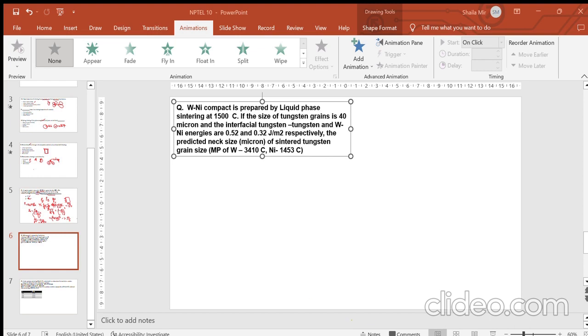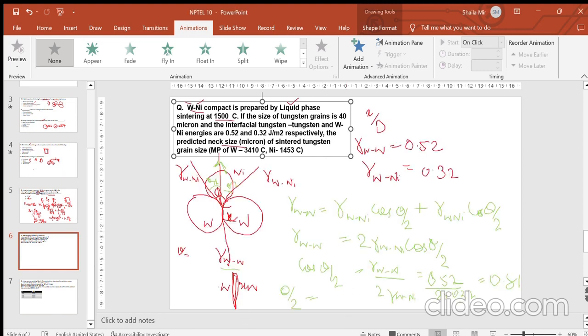Can anybody calculate what is the value of theta? Theta by 2 actually. So we just have to calculate the value of theta by 2. Can anybody calculate the value of theta by 2?